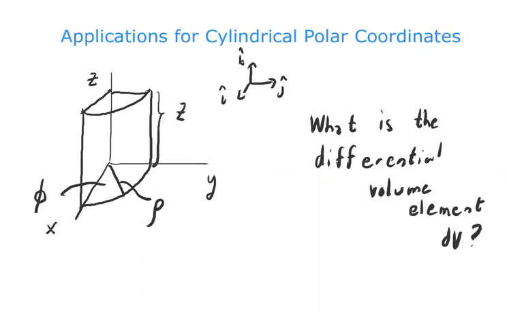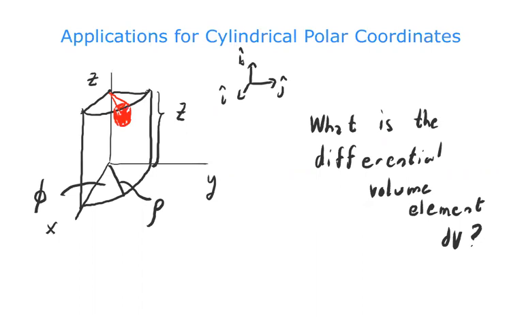I know what the differential surface element is for plane polar coordinates. That's two-dimensional, and cylindrical polar coordinates are three-dimensional. So I need to figure out the volume of that cube.